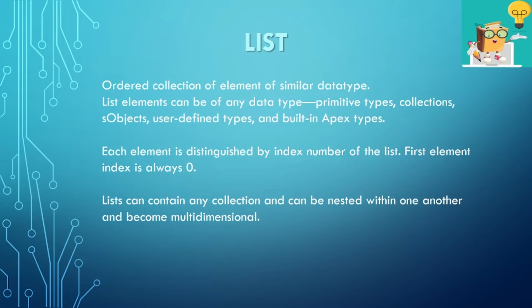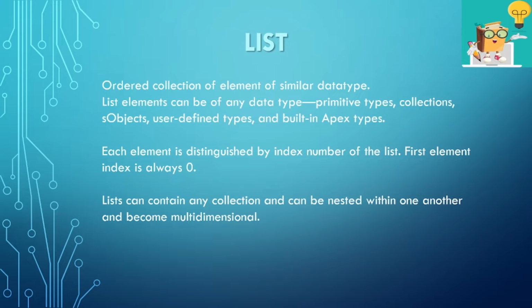Now, a list can be a collection of any data type. It can be a primitive data type, like string, integer, date, datetime. It can be an sObject, a user-defined type, or a built-in Apex type.